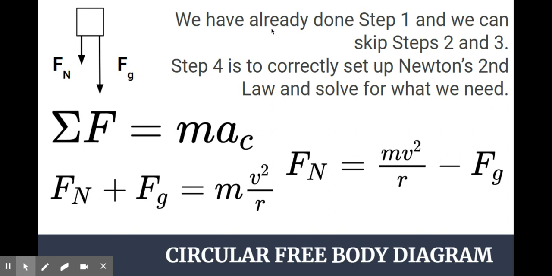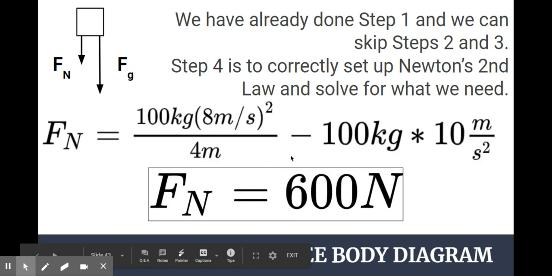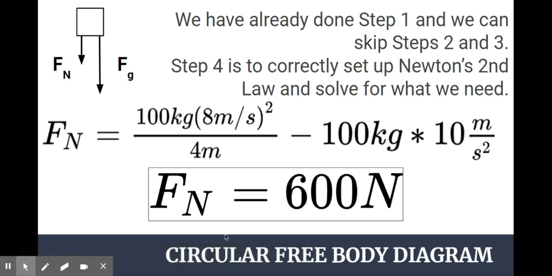Makes my life a little bit easier. So your equation should look like this, and then you solve for the normal force to get to this point. Now, all you have to do is plug in the numbers. Once you plug in the numbers, you should get a total answer of 600 newtons.